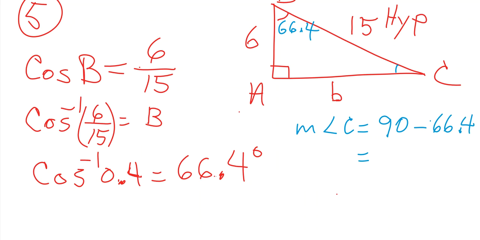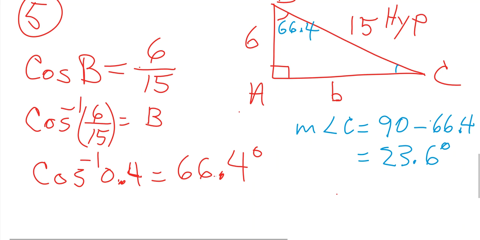It's going to be like 23.6 or something like that, if I'm right. Yeah, 23.6 degrees. That would be angle C. Now we're remaining with one thing, side B. How are we going to get side B?